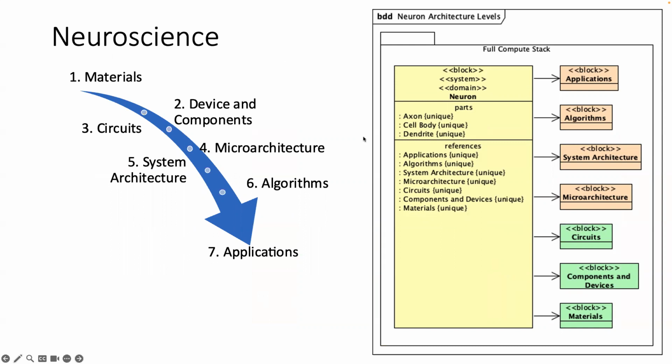So there's something called the full compute stack. And so there's 7 elements to that, each one of these is a building block to the other one that you can start to figure out function, but there's an organized way that things are laid out.